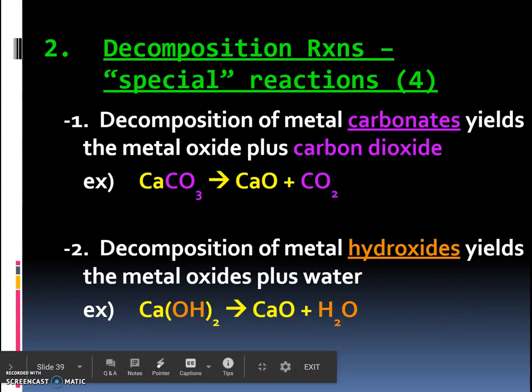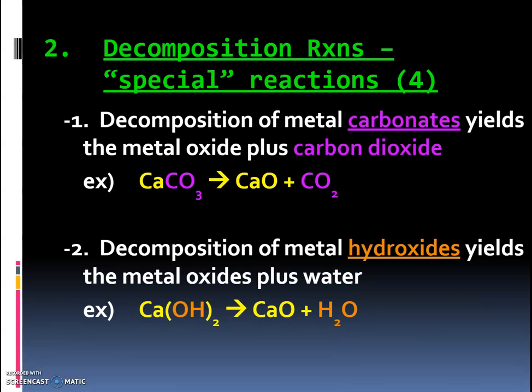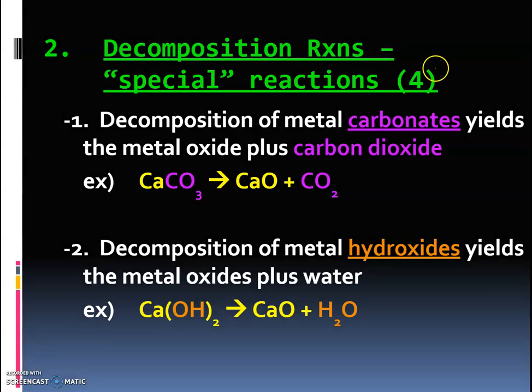Now, there are some special decomposition reactions. There's actually 4 of them, and this involves, guess what? Polyatomic ions, because yay, they're the best. Decomposition reactions of metal carbonates, CO3, are going to produce the metal oxide plus carbon dioxide.